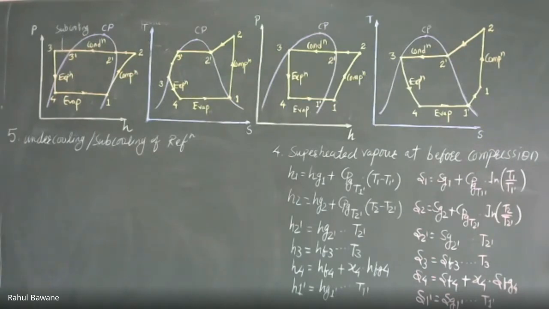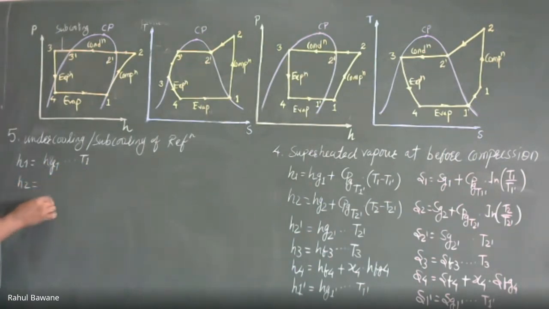Now in this case, how to calculate the enthalpy? Enthalpy at first, H1, lies on the dry saturated vapor line, so it is Hg1 at temperature T1.